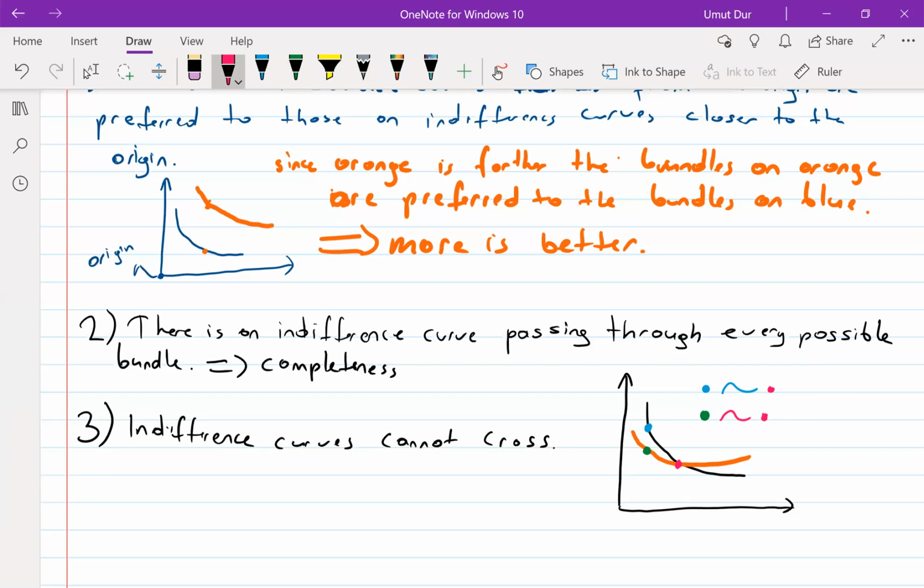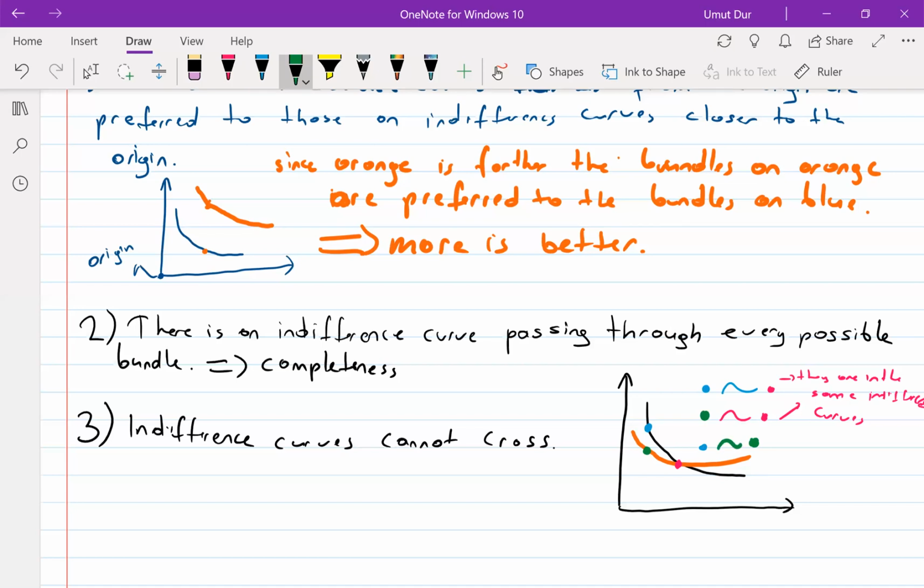Because they are on the same indifference curve. So green is also giving the same satisfaction as the red one. Then what about the blue and green one?